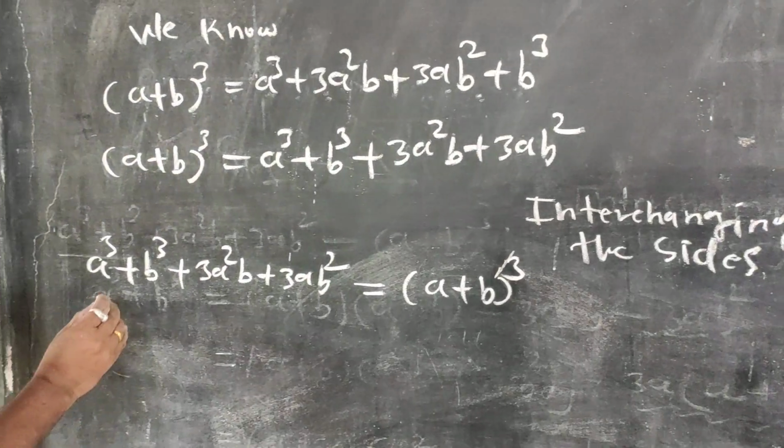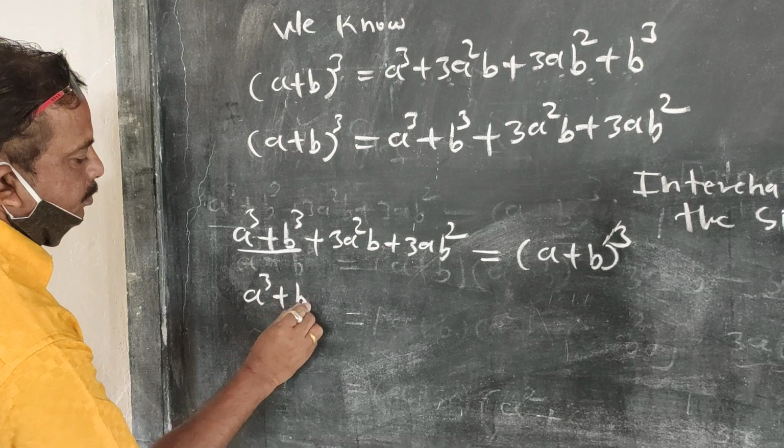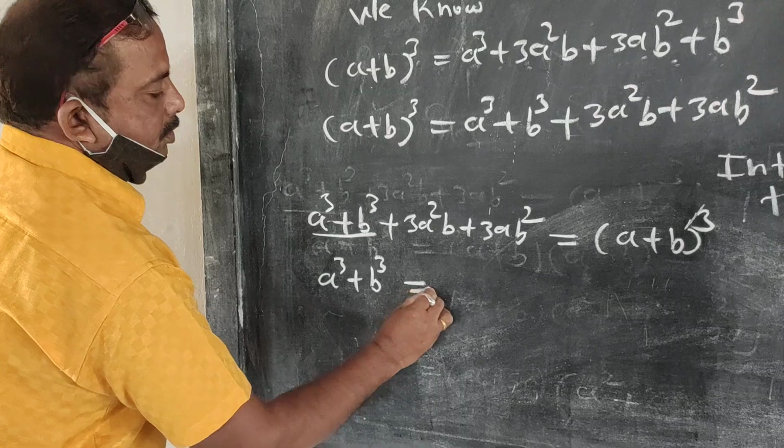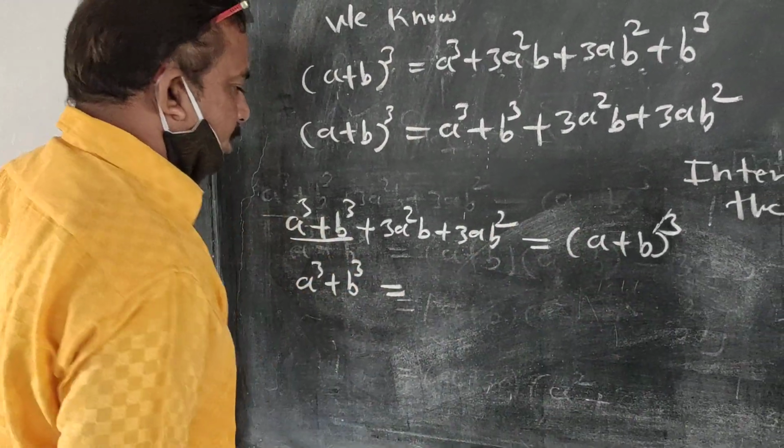So students, we need these two terms. So a cube plus b cube will remain the same here, and 3a square b plus 3ab square we will write on the right side.